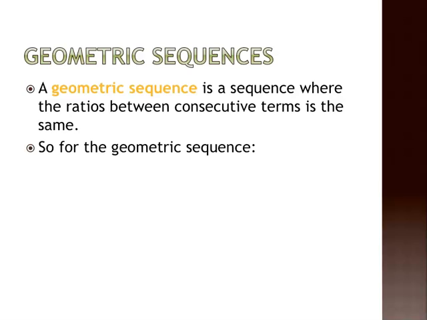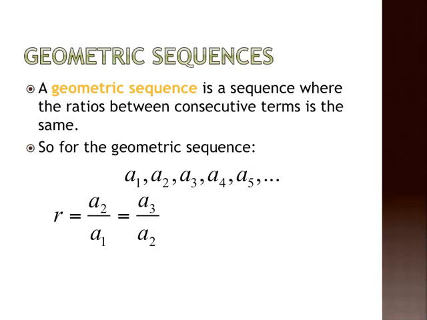So for example, for this sequence here, A1, A2, A3, A4, A5, in order to find what we call the common ratio, we would divide one term by the term before it. So A2 divided by A1 would be the same as if we were to do A3 divided by A2, A4 divided by A3, and so on.